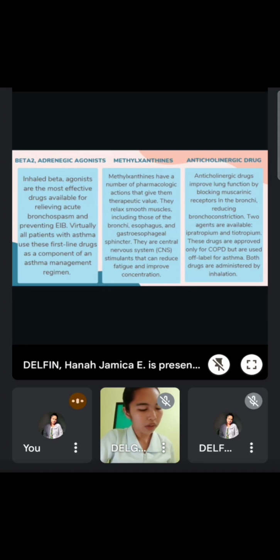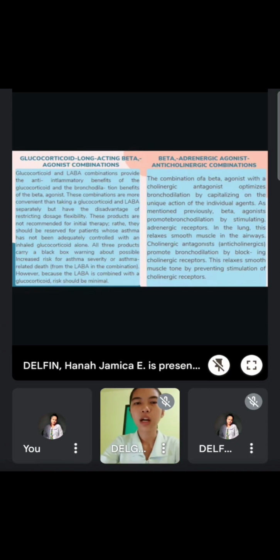The most common adverse reactions are dry mouth and irritation of the pharynx. If systemic absorption is sufficient, the drug may raise intraocular pressure in patients with glaucoma. Adverse cardiovascular events are heart attack, stroke, and death.